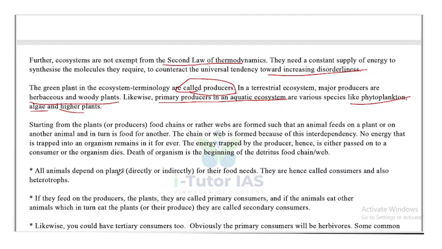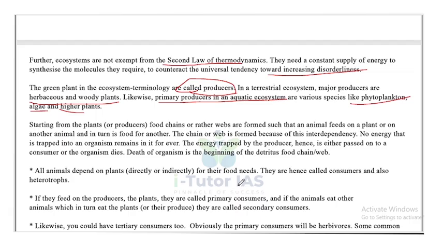Starting from the plants or producers, food chains or rather webs are formed such that an animal feeds on the plant or on another animal and in turn is food for another. The chain or web is formed because of the interdependency. No energy that is trapped into an organism remains in it forever.